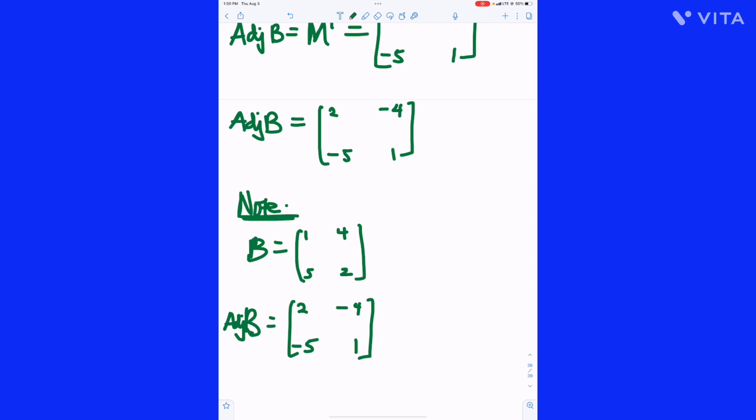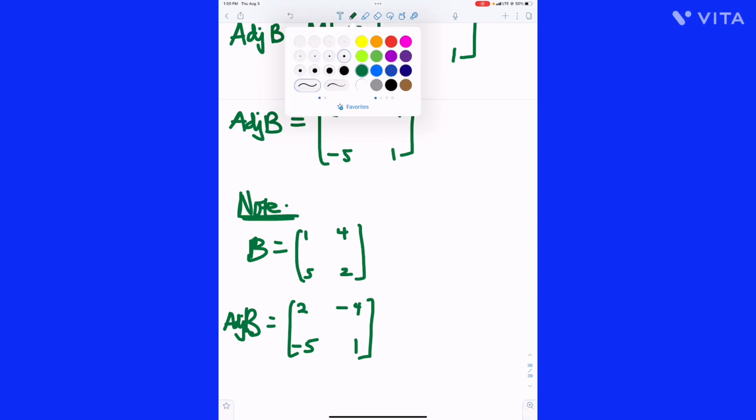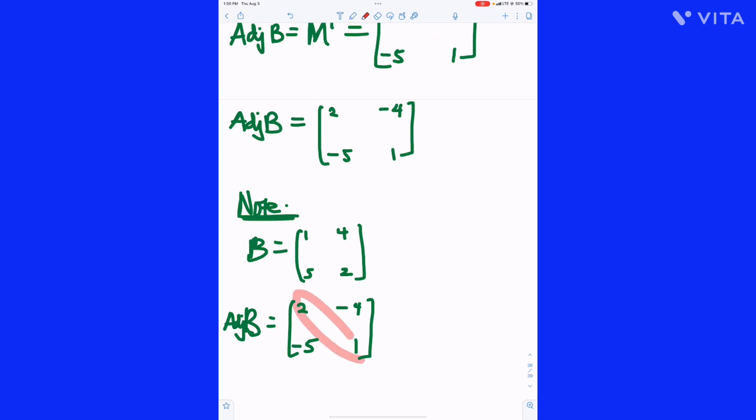So essentially, all that we've done to get the adjoint of this matrix is to just swap the elements in this diagonal from 1, 2 to 2, 1. I hope you can see that. After doing that, we just multiply 4 and 5, or whatever element is in this second diagonal, each by minus 1 to get the adjoint. So the rest should be easy.